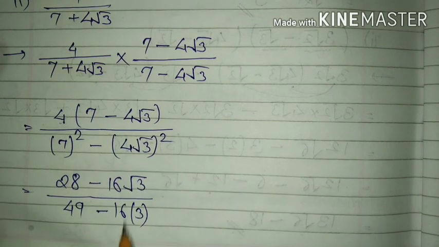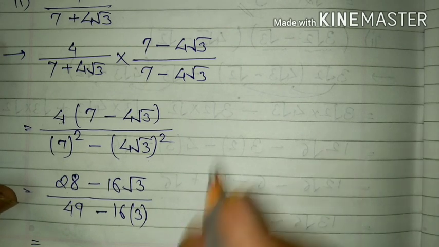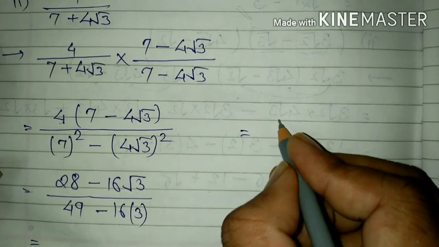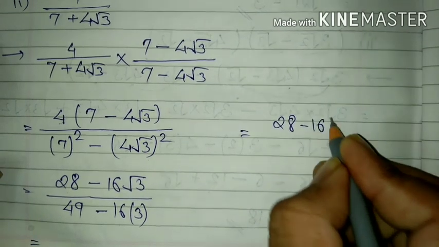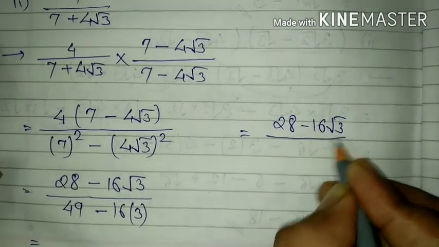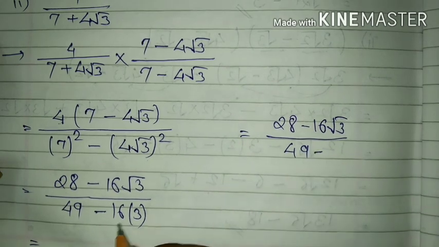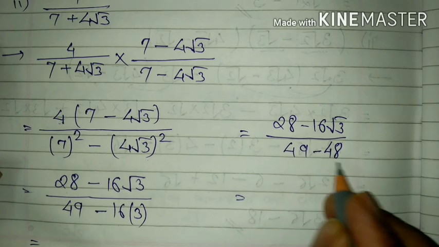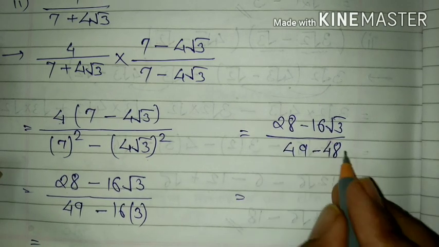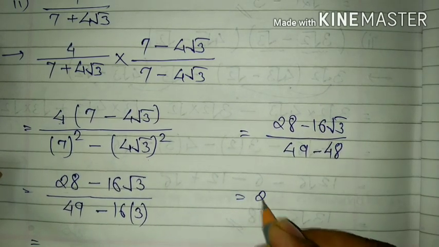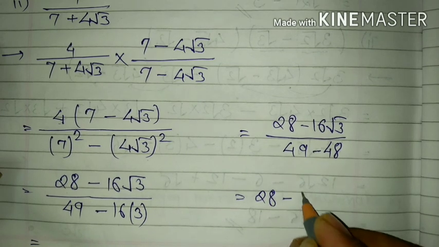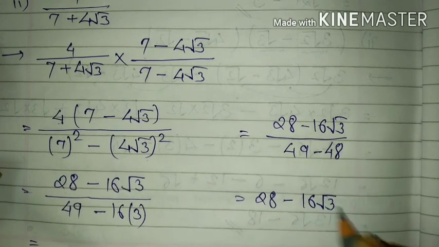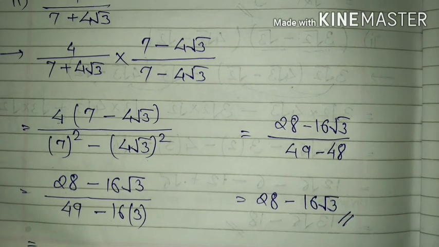So is equal to, I am writing here, 28 minus 16 root 3 upon 49 minus 16 3s are 48. So 49 minus 48 is equal to 1. तो डिनोमिनेटर में 1 है तो कुछ लिखने की जरूरत नहीं. Remaining is 28 minus 16 root 3. This is our final answer.